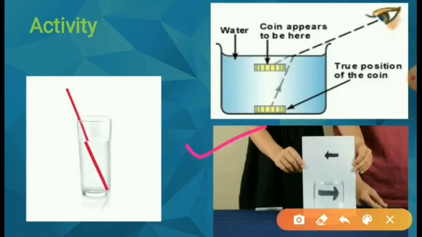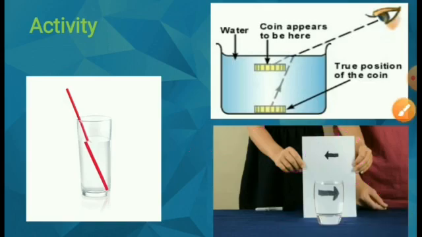You place the arrow, it has been shown here, but you can see how it looks when you see it through the water placed inside the glass. The direction also changes, and even the thickness is increased. So all this is due to the refraction of light. These are some daily examples that you must have seen in your life.